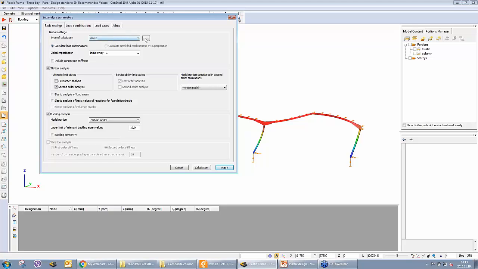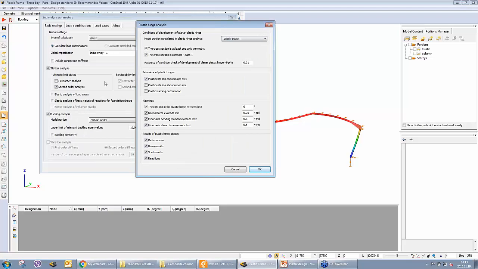We have some settings for the plastic hinge analysis. First of all, if we have a more complex model, we can choose just a model portion in which the program is looking for plastic hinges.